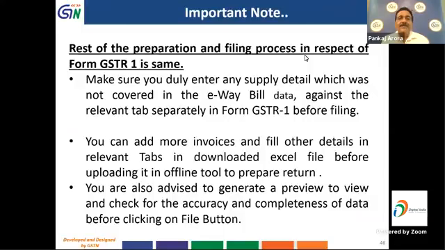Please make sure that you enter any supply details which were not covered in the e-waybill data against the relevant tab separately in form GSTR1 before you click on file GSTR1. And you are also requested to add more invoices and fill other details in the relevant tab in the downloaded Excel file before you move further in the offline tool to prepare such return.